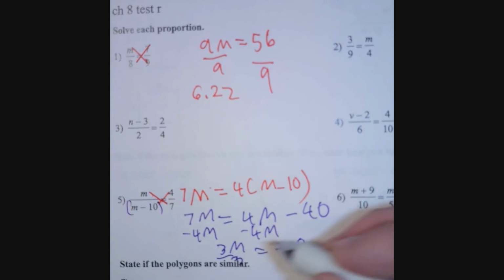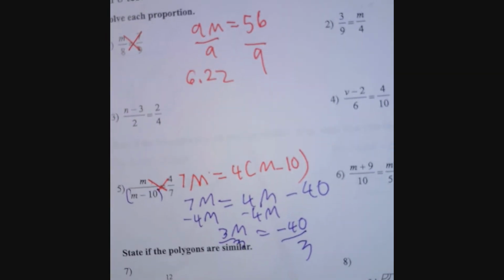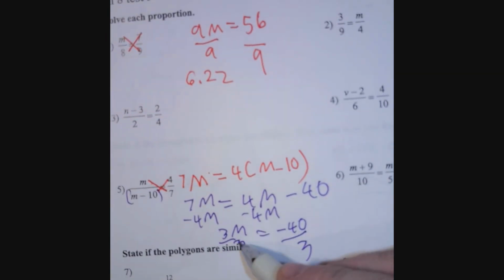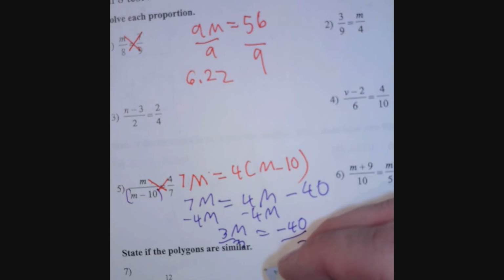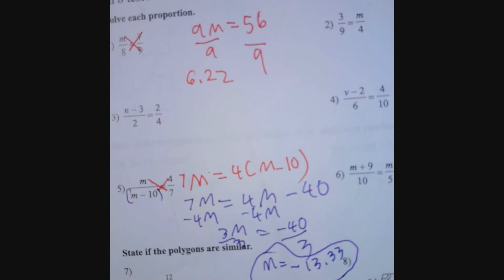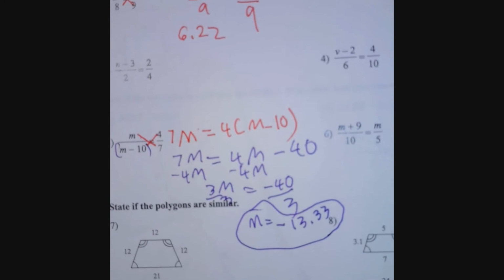Divide by 3. Divide by 3. And we're going to end up getting a negative, so that's going to be m equals negative 13.33. All right, so that's basically what we're doing there.